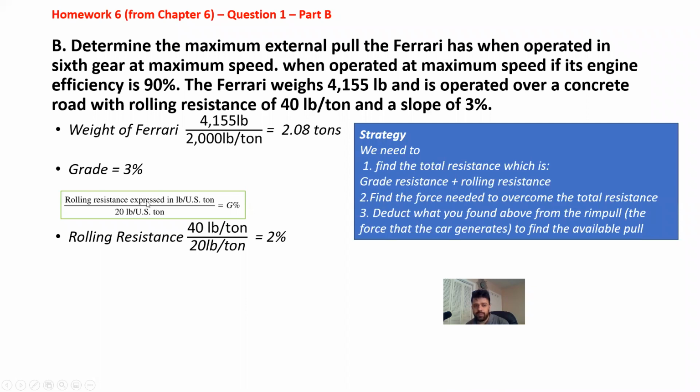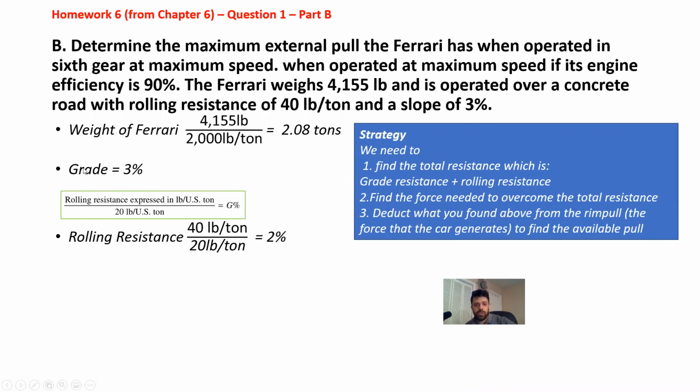To find the rolling resistance, we have this equation. Here, since the grade is given as 3%, we just keep it because we want to have the grade in percentages. And actually we will convert the rolling resistance into the equivalent gradient, so we could easily add them up.